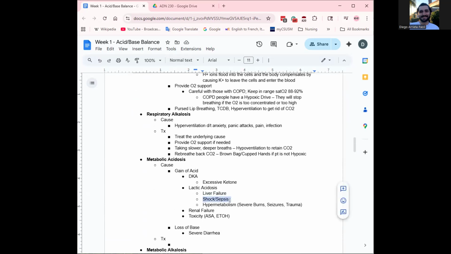Being in shock or sepsis, you get to a state where your body doesn't have enough resources to go around. It starts going into anaerobic metabolism, which builds up lactic acid, and with hypermetabolism, the body's going too fast, not enough resources, so it needs to go into anaerobic metabolism, which builds up lactic acid.